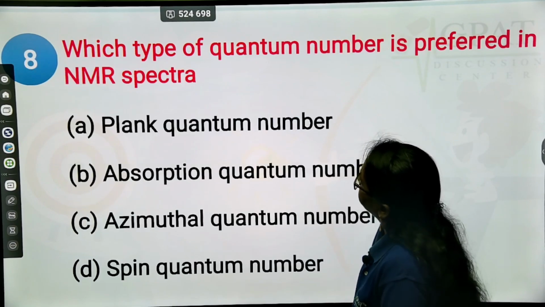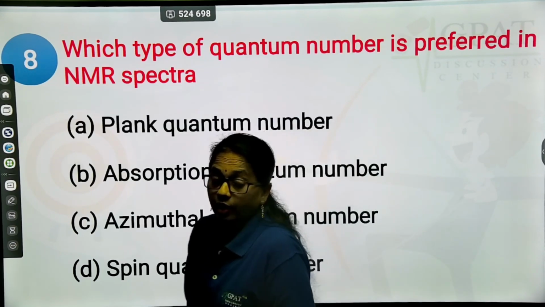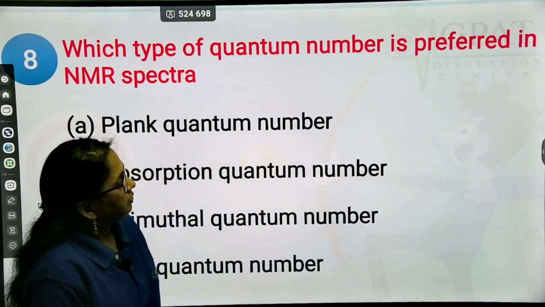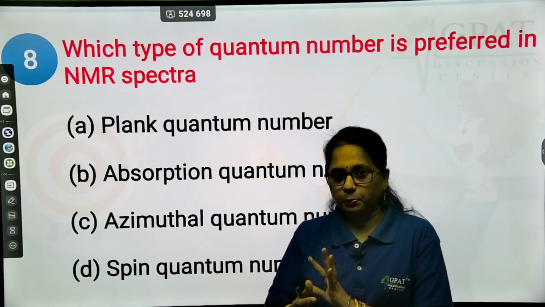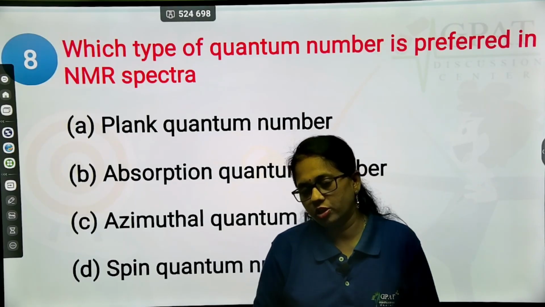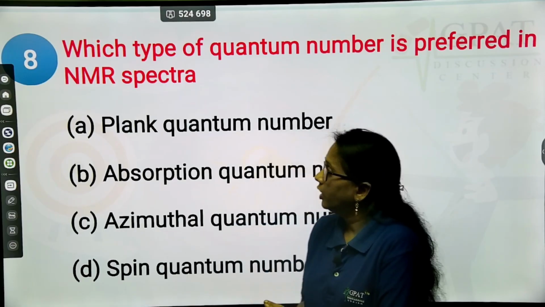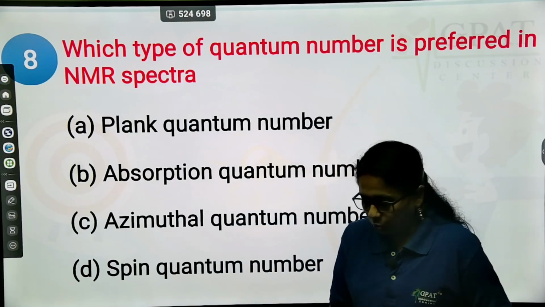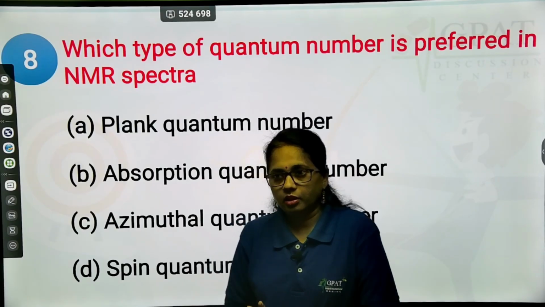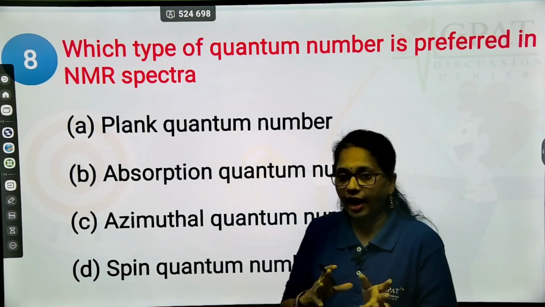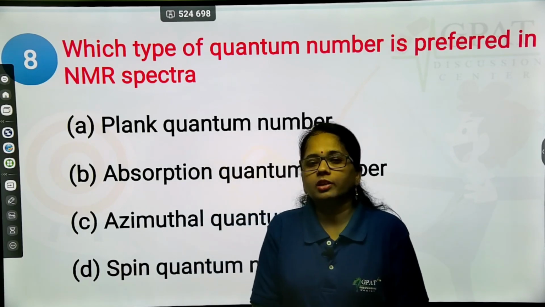Next question: which type of quantum number is preferred in NMR spectra? Whenever the nucleus is in the resonance state, the spin state of the nucleus is changed, and only then is it called the resonance state. So a quantum number related to its spin affects a lot, either fractional or integer quantum numbers.